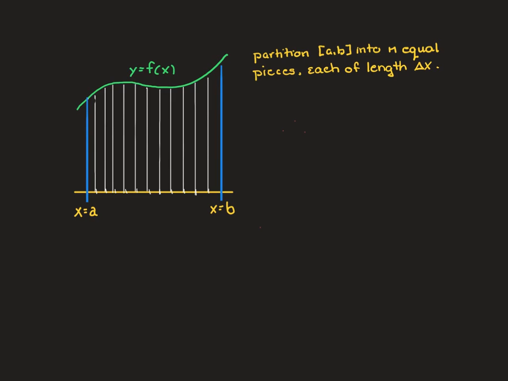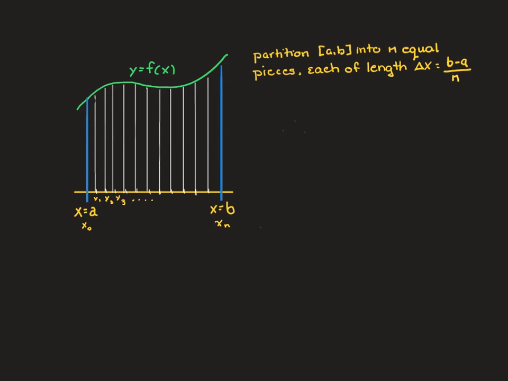So each piece is of length delta x, where delta x is b minus a, the length of the whole thing, divided by n. And let's use that same numbering system. Let's call this x naught, x sub 1, x sub 2, x sub 3, and we keep on numbering until we get to x sub n.